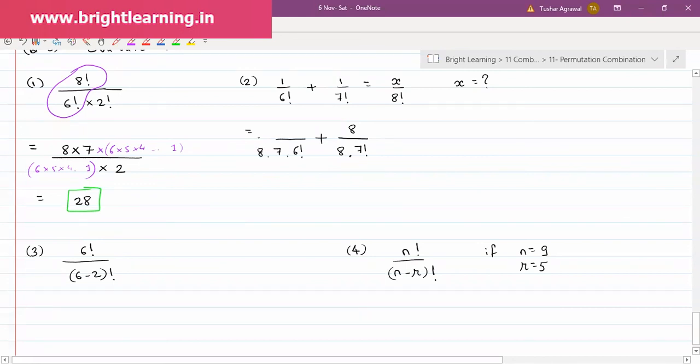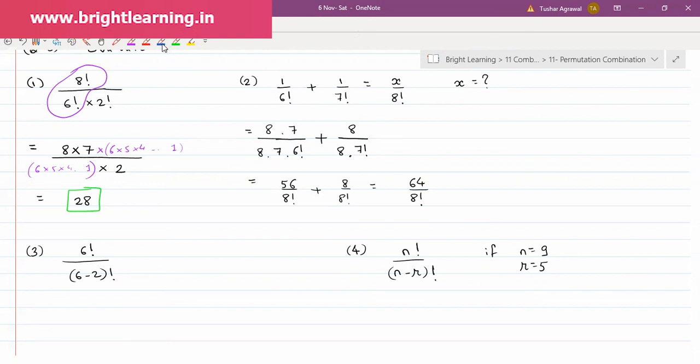This becomes 8 factorial, so the numerator also I will have to multiply by 7 into 8. So ultimately this is 8 sevens are 56 upon 8 factorial. Addition 8 upon 8 factorial, which gives me 56 plus 8, 64 upon 8 factorial, which is my required value. So x is equal to 64.